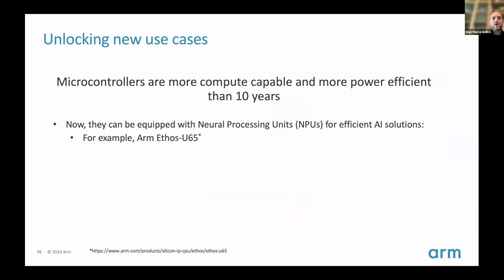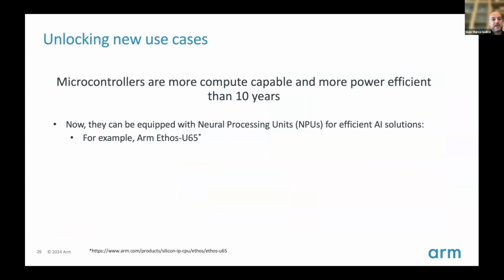So what about new use cases? Certainly I can say that microcontrollers are more compute capable and power efficient than 10 years ago. If we look at a modern microcontroller, you can also find neural processing units which are very capable of running efficient AI or machine learning solutions.